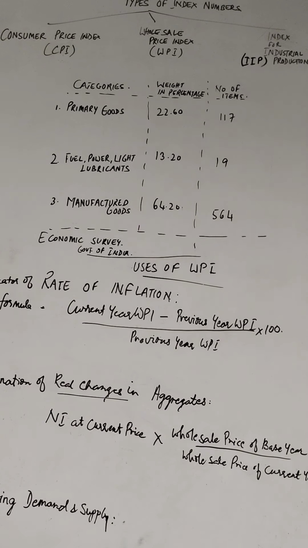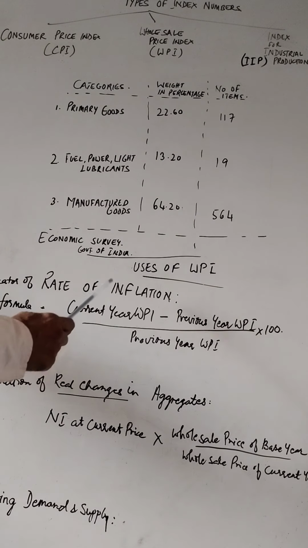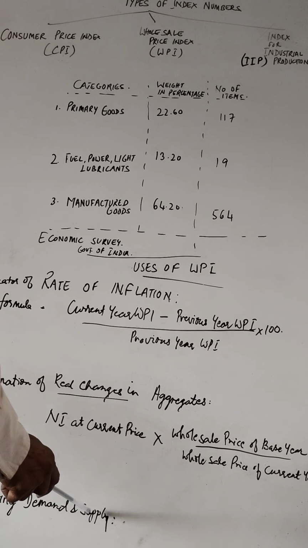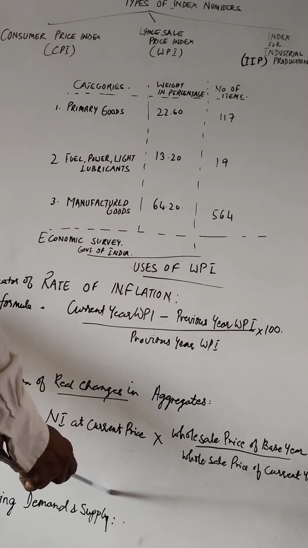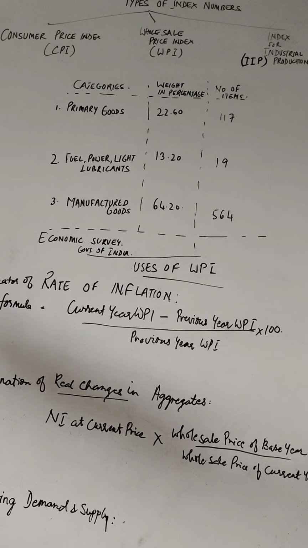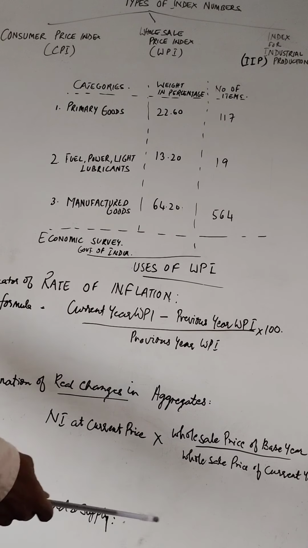And so basically these are the uses of wholesale price index. So once again, let me just tell you that again regarding forecasting demand and supply, the wholesale price indices are helpful in forecasting the business conditions. Alright, if the wholesale price index increases, it indicates a situation of excess demand over supply, as we've just seen.